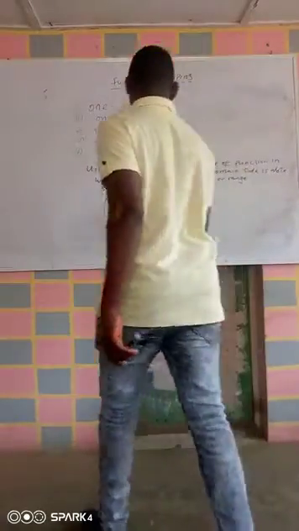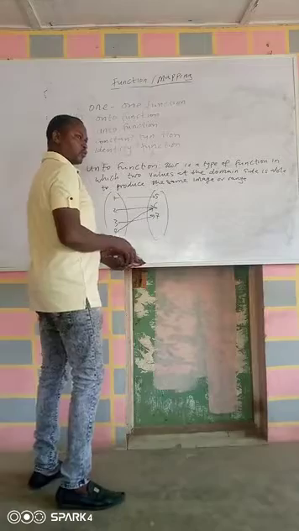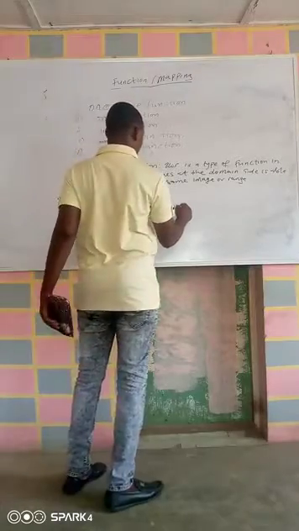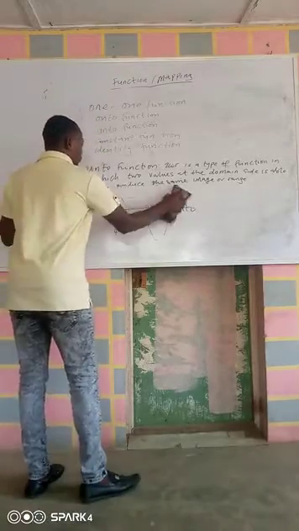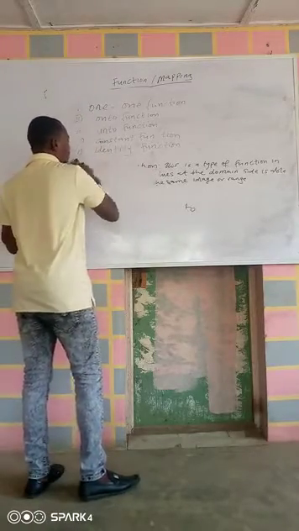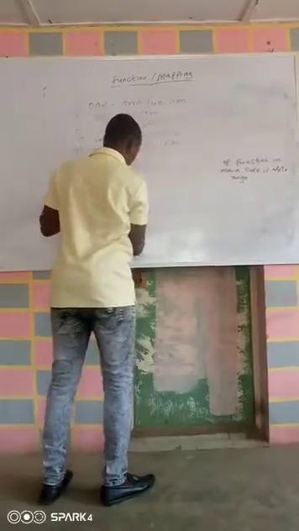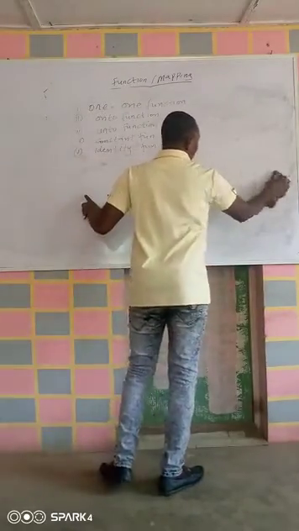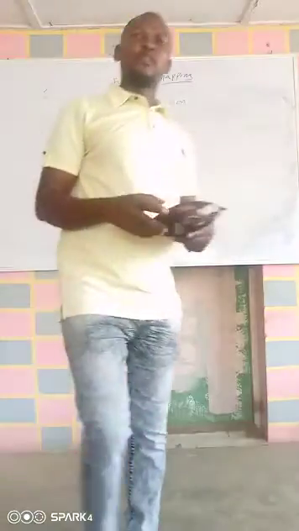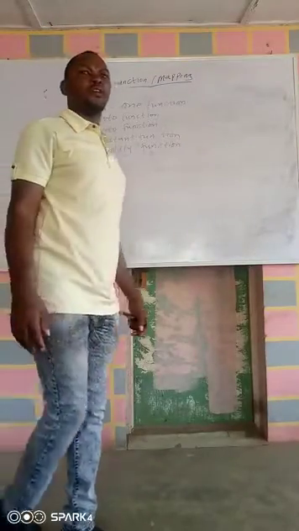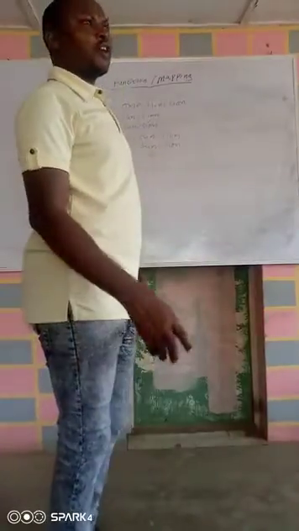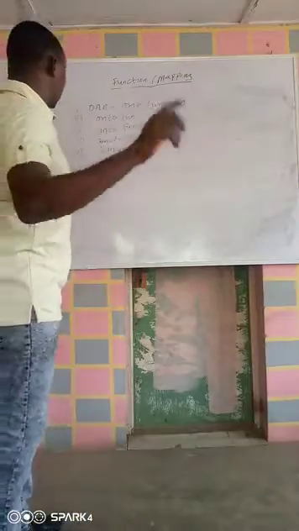So apart from into, we also have the constant function. This is the type of function in which all the values at the domain side, all the elements at the domain side, are only able to give one image, only one image.